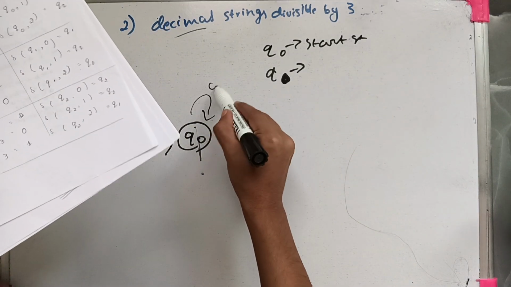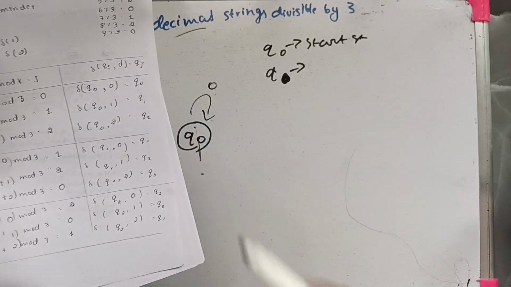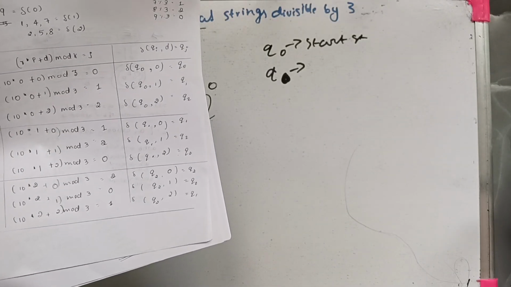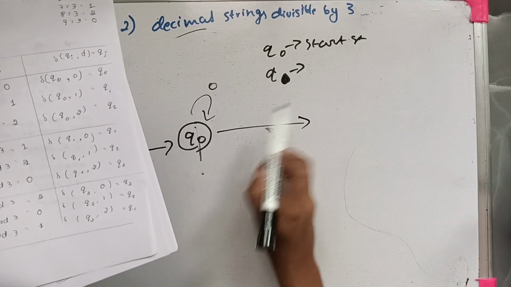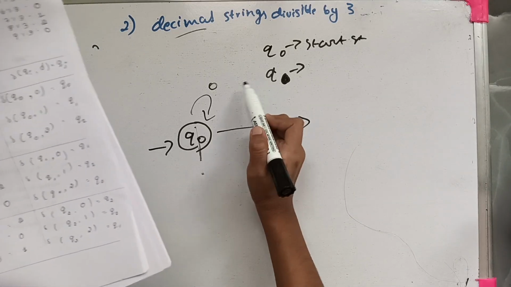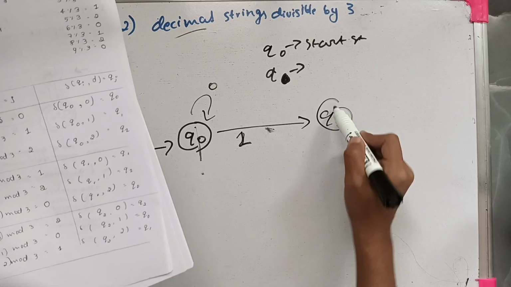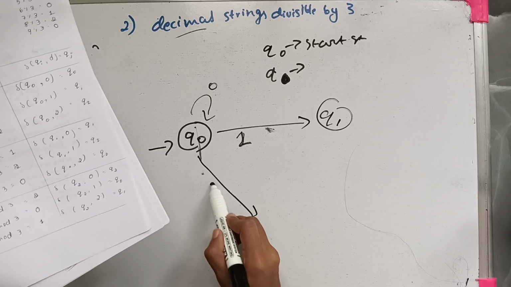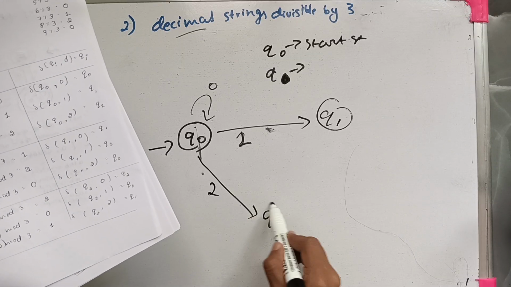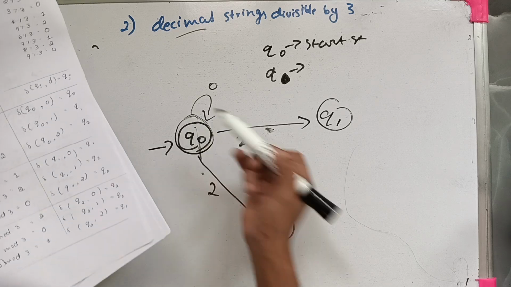Next 1 comes, then it goes to Q1. And 2 comes, then it goes to Q2. Okay, and Q0 is the final state itself.